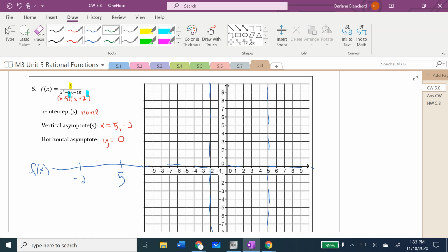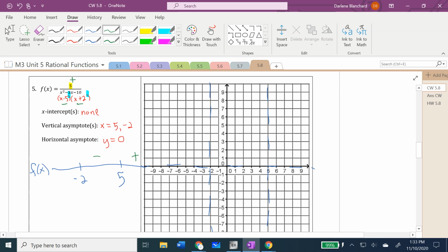So you can test numbers like I've said before. I can plug in a 6. If I plug in a 6, my numerator is positive no matter what. Denominator, all positives. If I plug in 0, I have a positive numerator. The factor x minus 5 is now a negative number. The other one is still positive. Then when I cross over here to, like, say, -3, this factor changes from a positive to a negative.